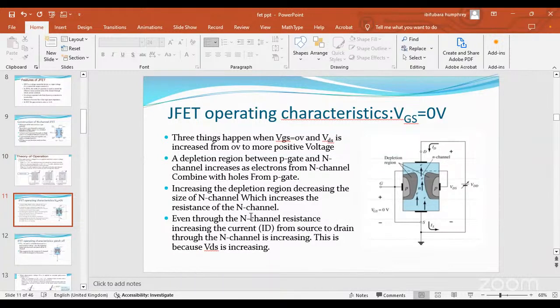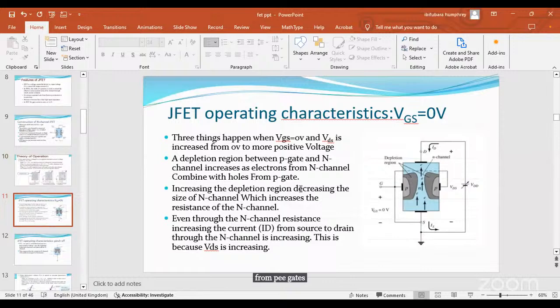So the more we increase the VDS, the more the depletion region increases, but the upper part will likely join together before the lower part. And the lower part may or may not. It depends on the applied VDS. So the depletion region between the P gate and the N channel increases as electrons from the N channel combine with holes from the P gate.